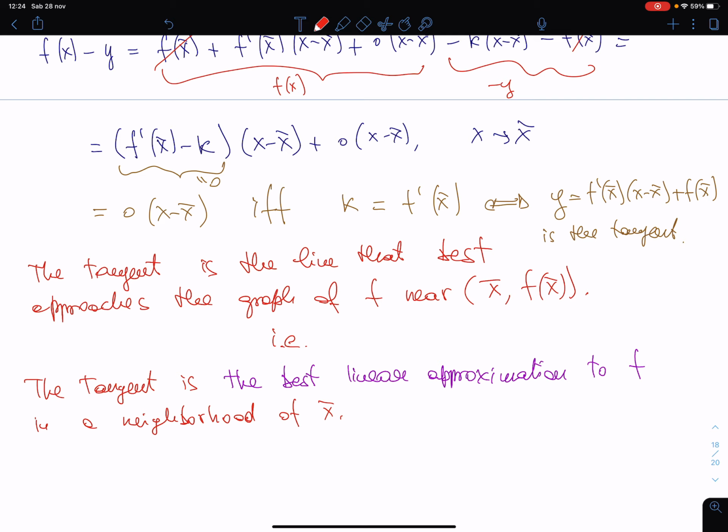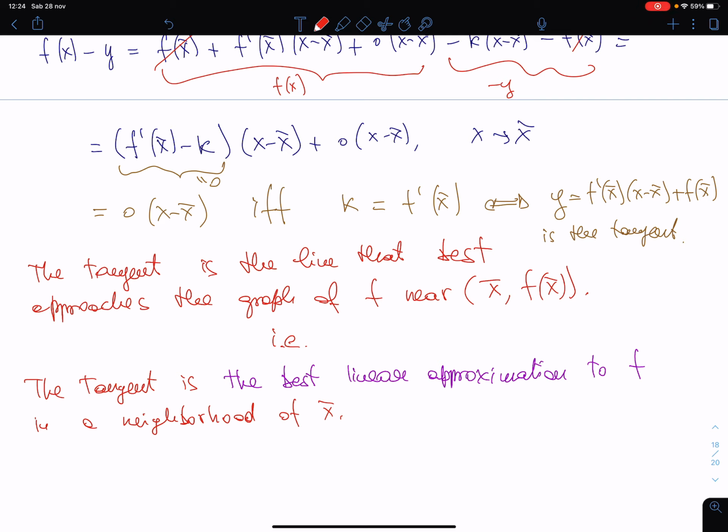And this opens the way to the Taylor approximation to a function. This is one of the first steps of the Taylor approximation. So start thinking of this problem of approximating complicated functions through simple functions, namely polynomials.